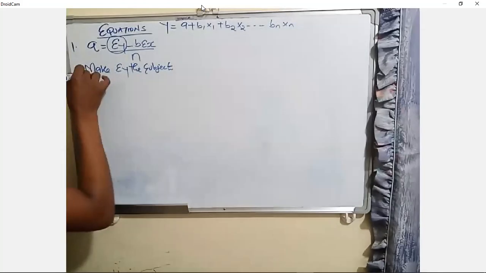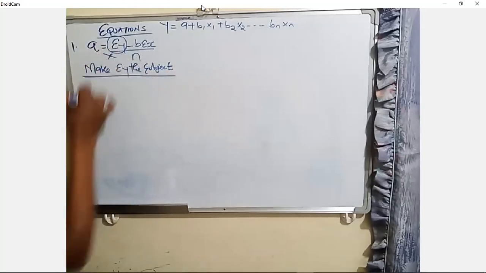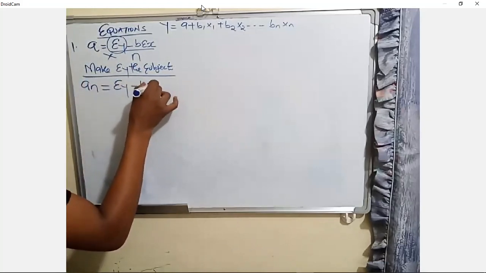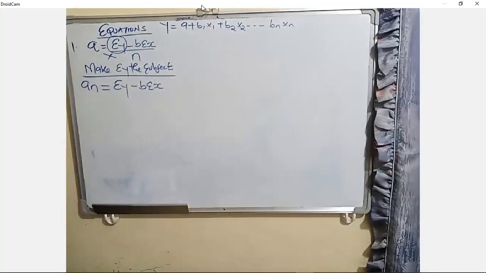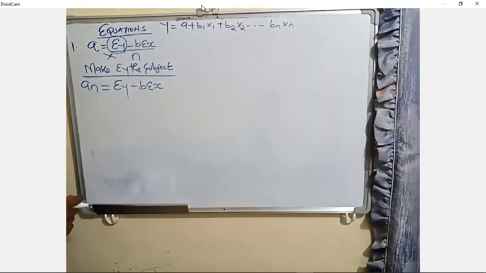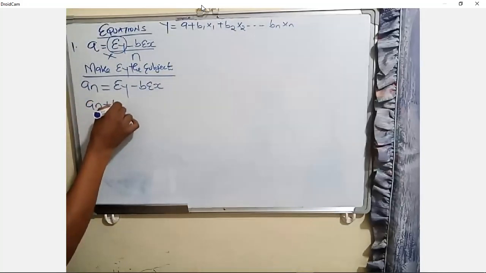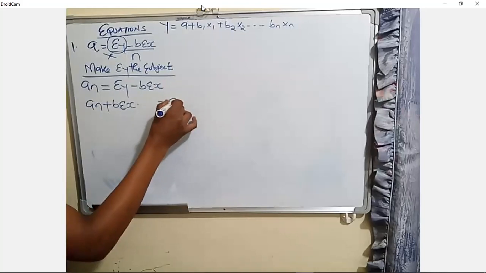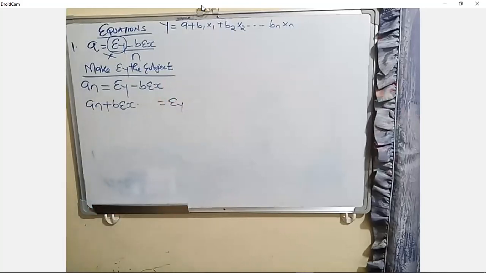And in this case, what are we going to be having? I just need to cross multiply. So we shall have an, which is equal to summation of y minus b, the summation of x. So the question that I should have in my mind is, what is my y? In this case, I will take my b, x on the other side. So it will be an plus b, the summation of x, which is equal to summation of y.